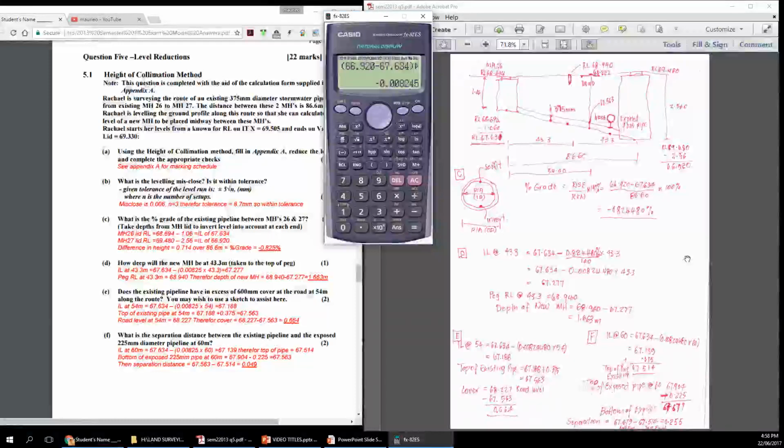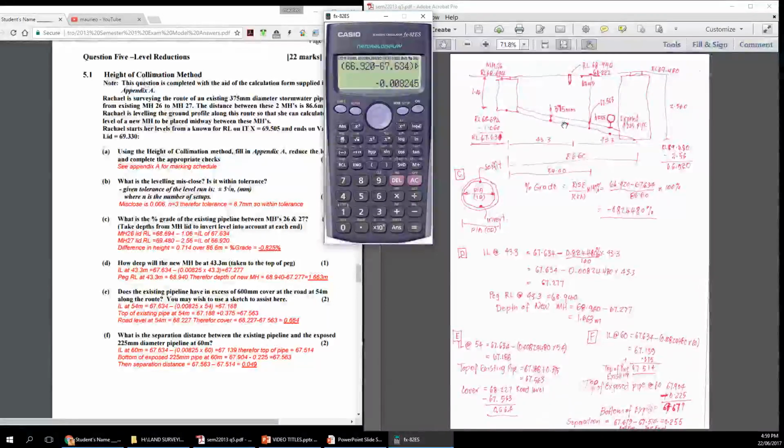And if we work all that out, we get 67.277. And that's going to be the invert level at that point, 67.277 at the midpoint, right here where the hand is.